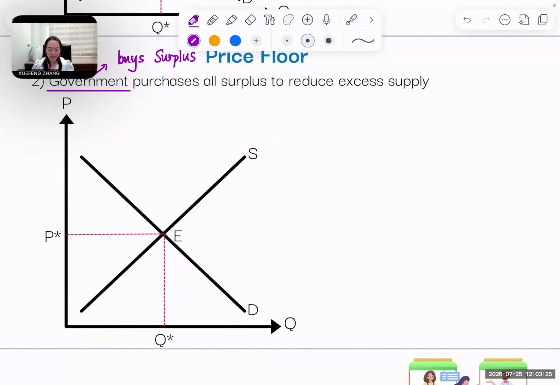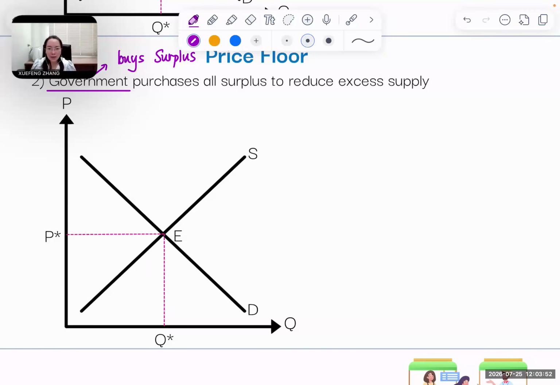This is the second option, and it's more dramatic. Government says, fine, if the floor price creates unsold rice, we'll buy it ourselves. That's actually happened in Thailand for decades. Government became the country's biggest rice buyer, warehousing millions of tons.